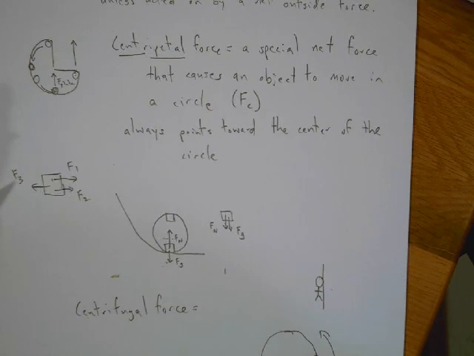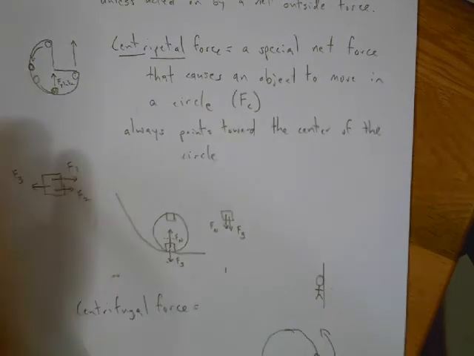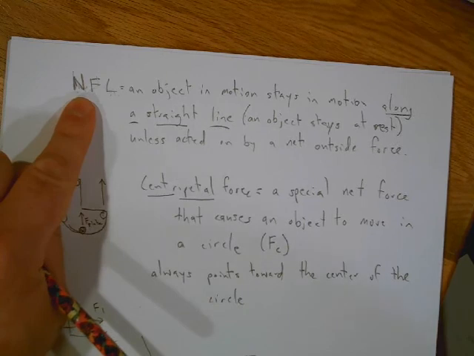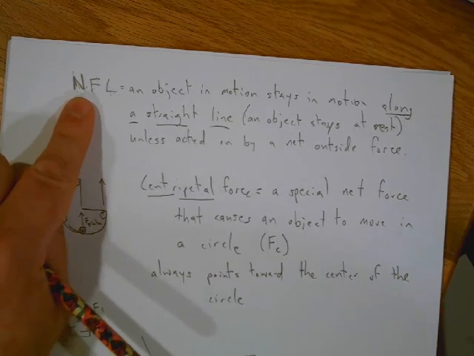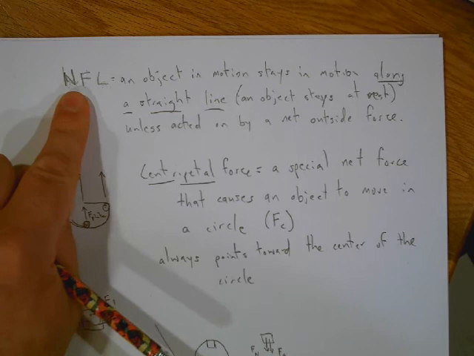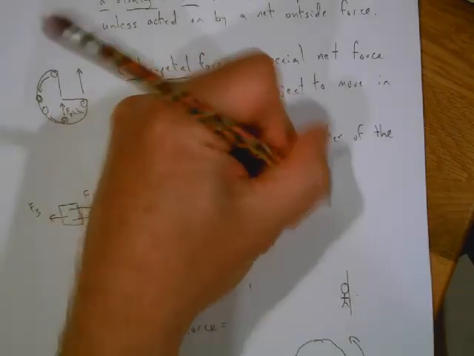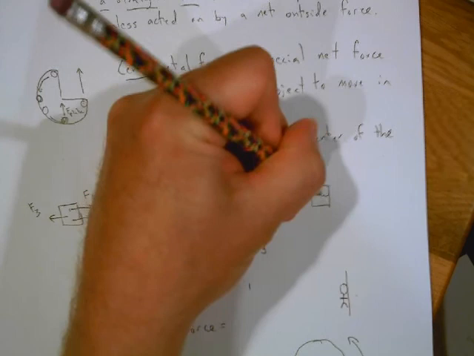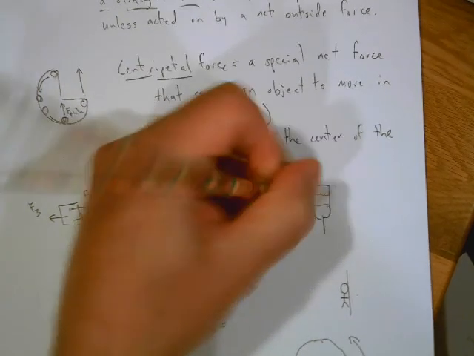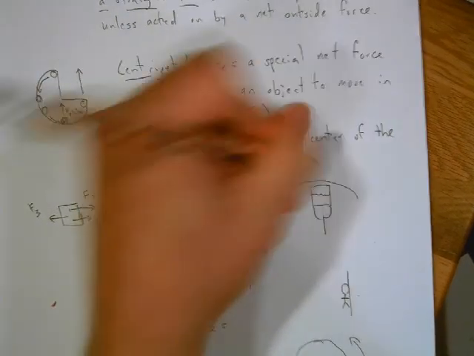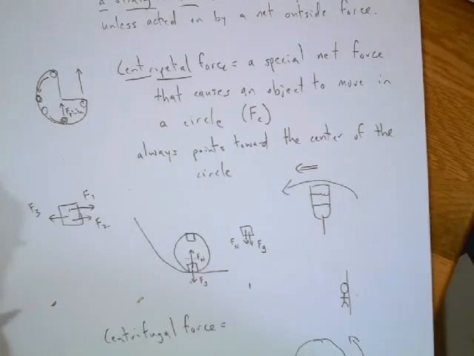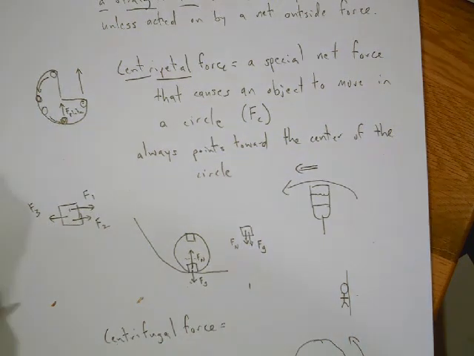If you did the one with the water in the cup, why does the water stay in the cup? Well, that water is moving. If you do that demo and it's not moving, it's not going to be a very successful demo. In fact, if you want to film that and send me the video, awesome. But if I'm spinning a bucket of water in a circle, at the top, that water is trying to move this way.